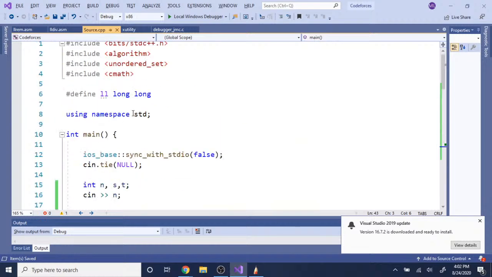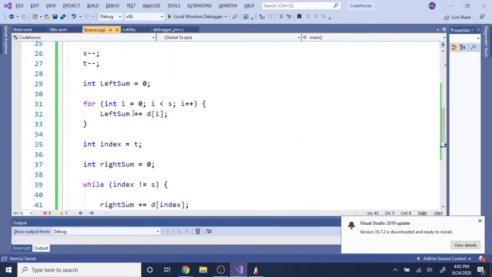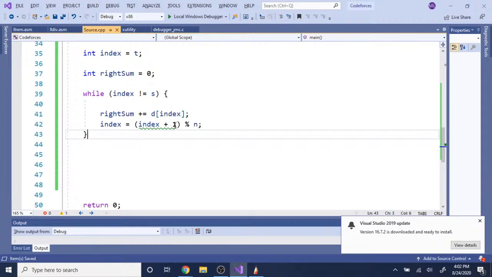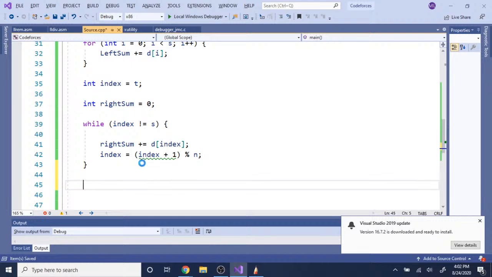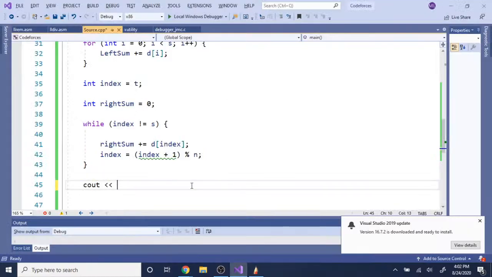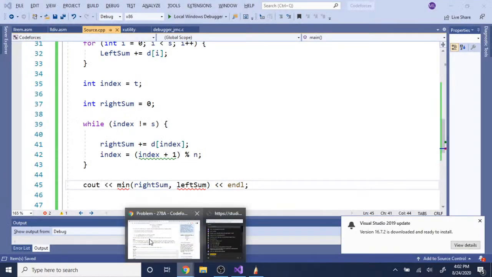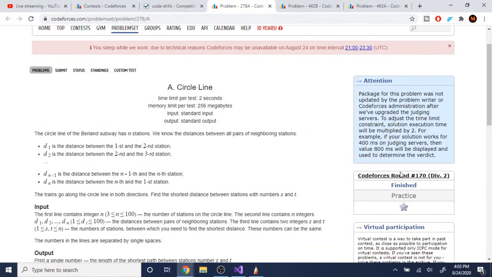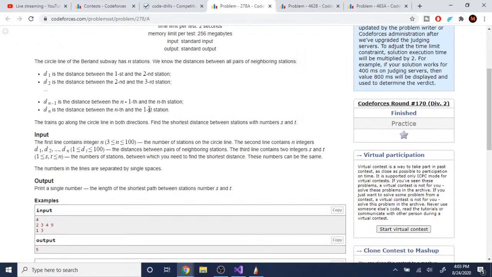Okay, I don't think it matters for now, because we're modding by n. Ideally this should work, and then we need to print out right sum and left sum. This question is Circle, Codeforces round 170A.